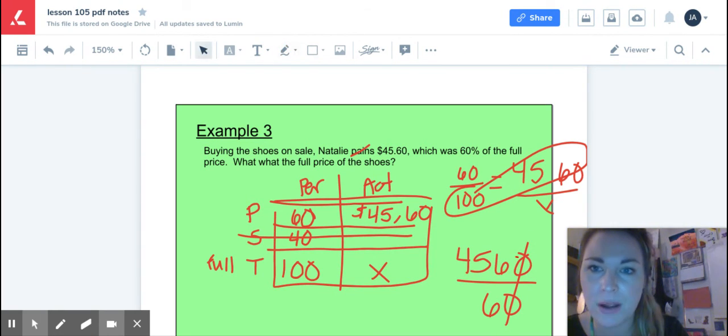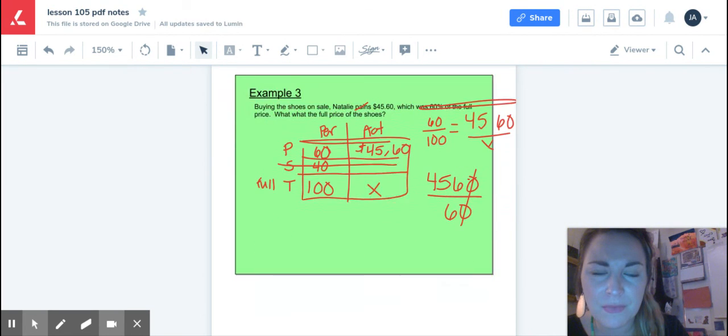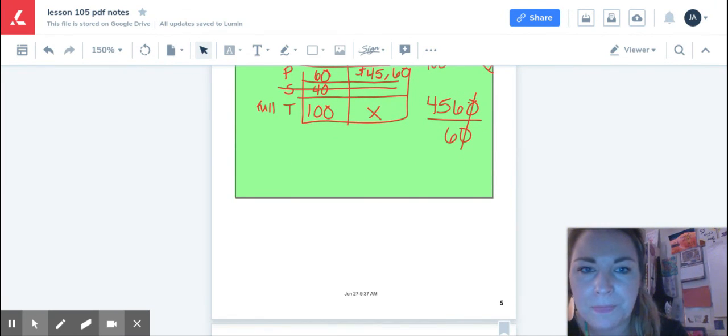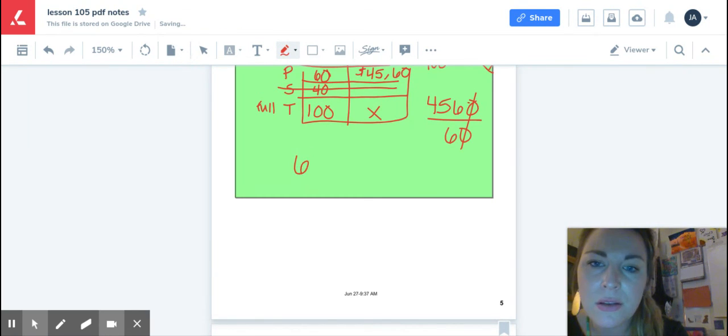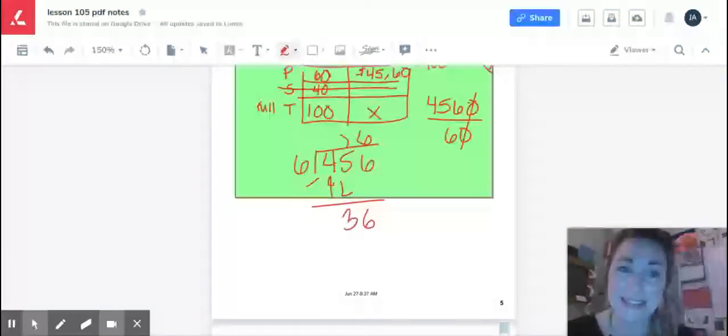We have 456 divided by 6. 6 couldn't go into 45. 7, 42. 3, 6, 6. That didn't turn out very well, but that's 76.